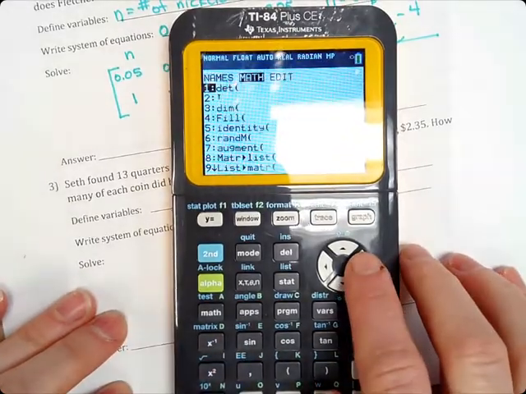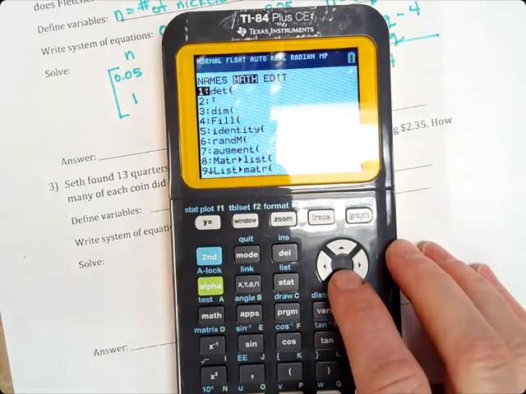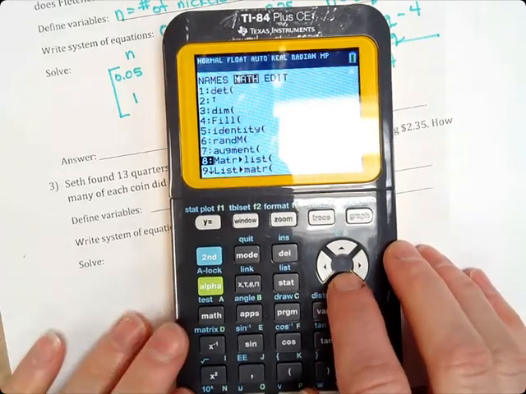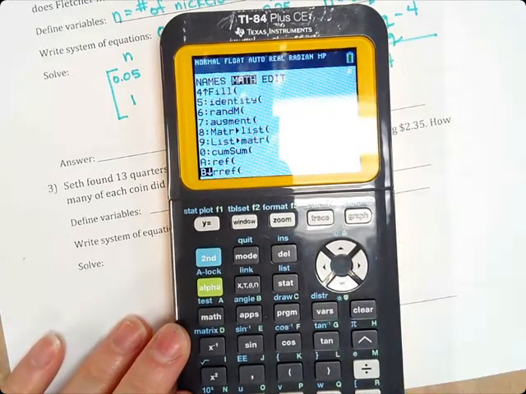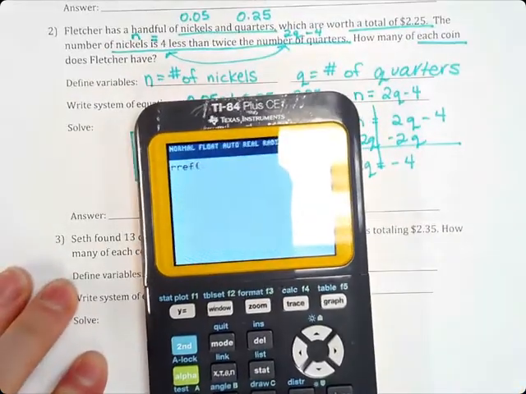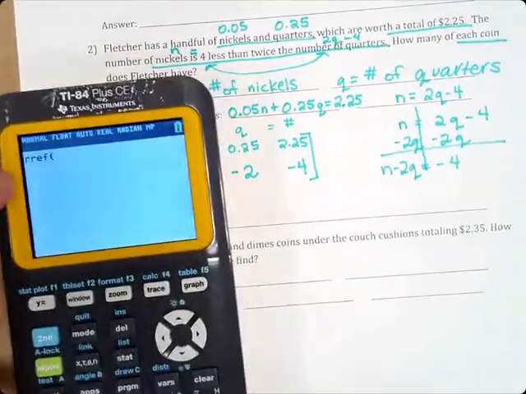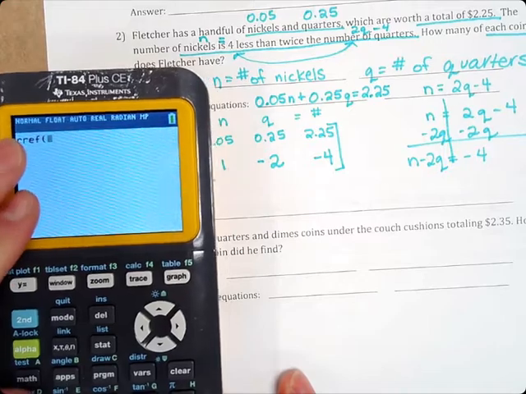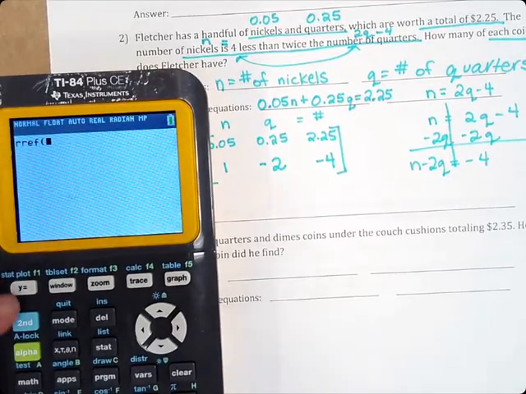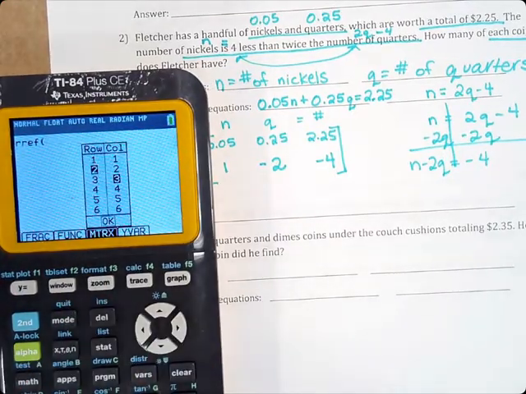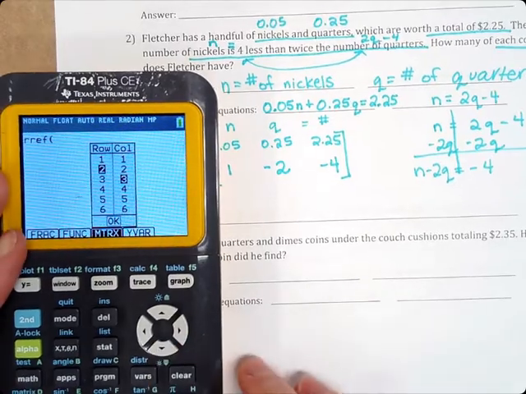We want to go over to math. Do the RREF. And then we need to put the matrix in. So that was alpha zoom. Make sure it's a 2 by 3 and hit OK.